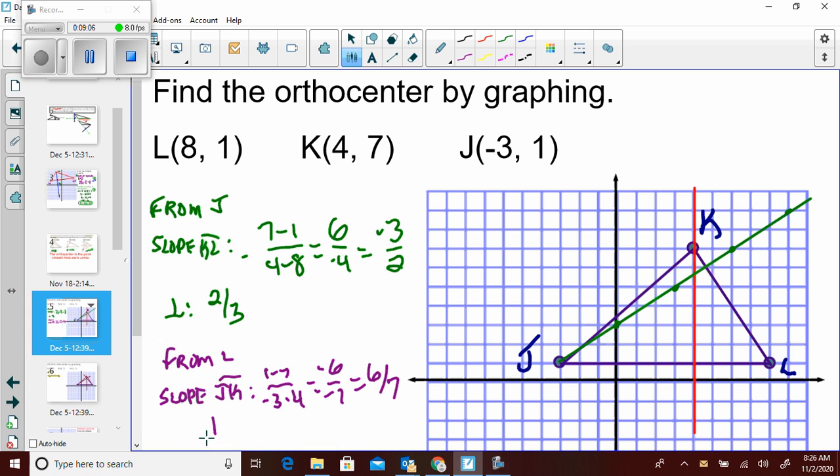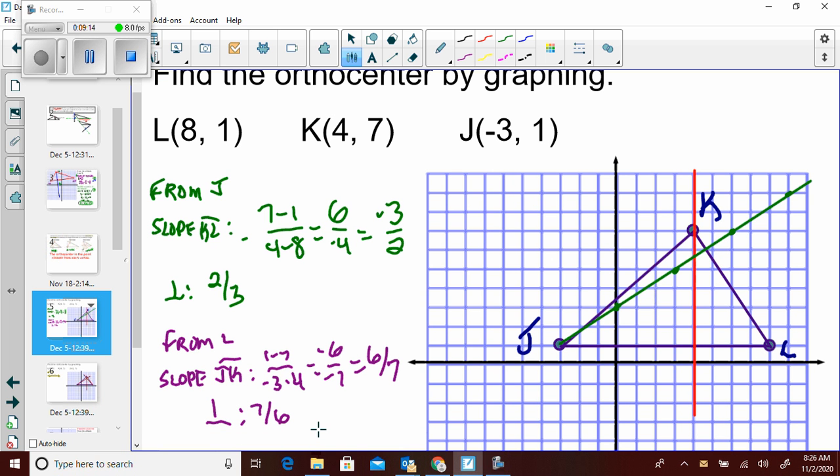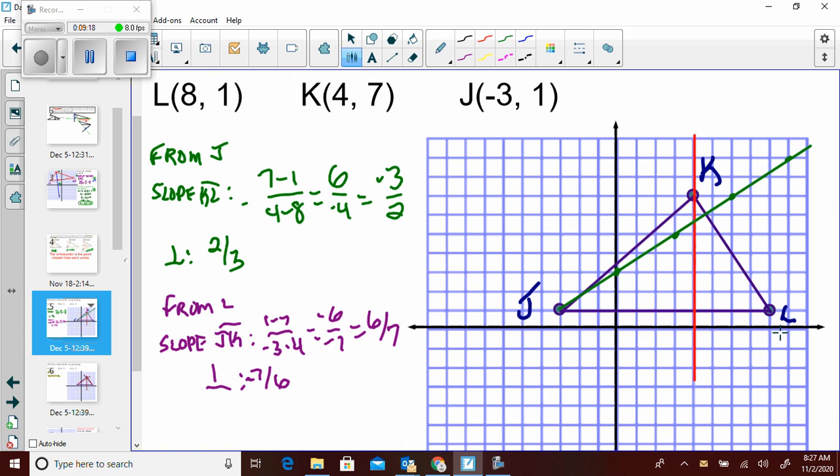So my perpendicular is 7/6 from L. 7/6, -7/6, right? So I cannot go down and right, I'll run out of room. So instead of going down and right, I'm going to go up and left. 1, 2, 3, 4, 5, 6, 7. 1, 2, 3, 4, 5, 6.